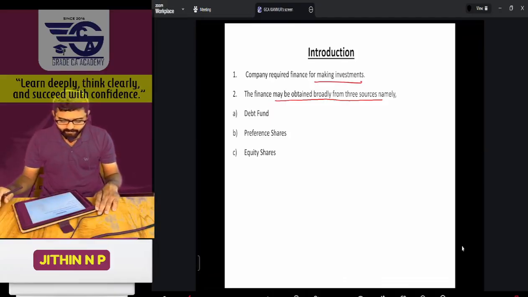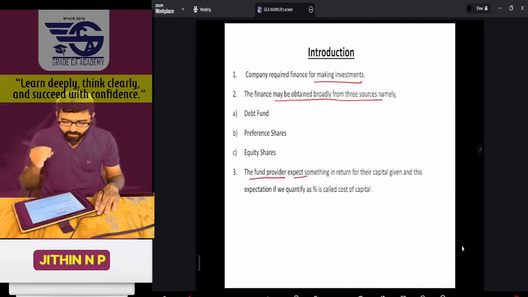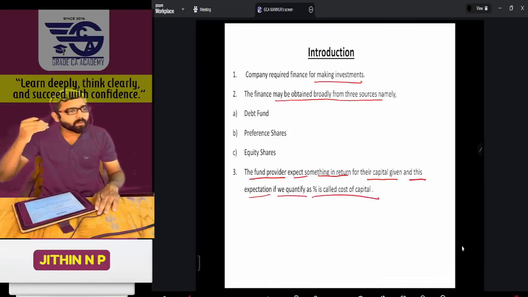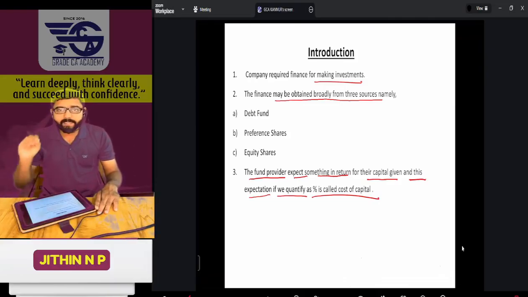The fund provider expects something in return for the capital given, and this expectation, if we quantify it as a percentage, is called cost of capital.